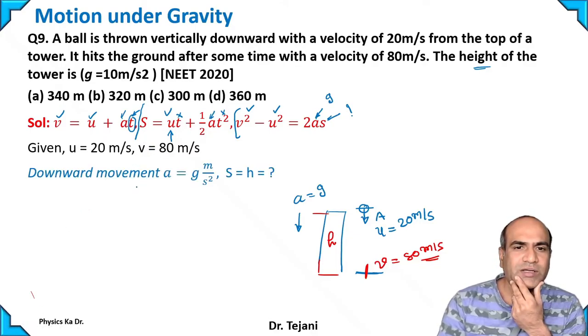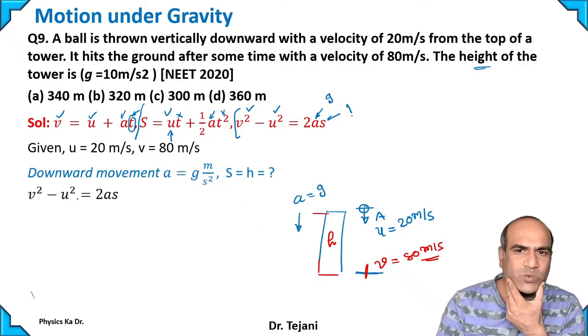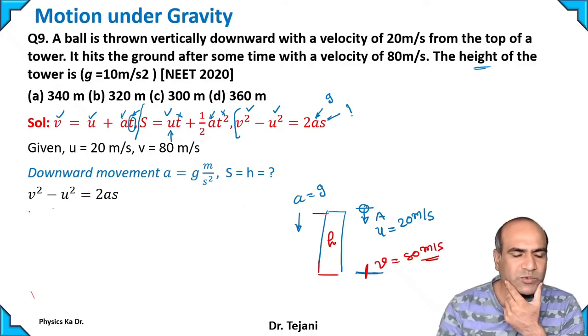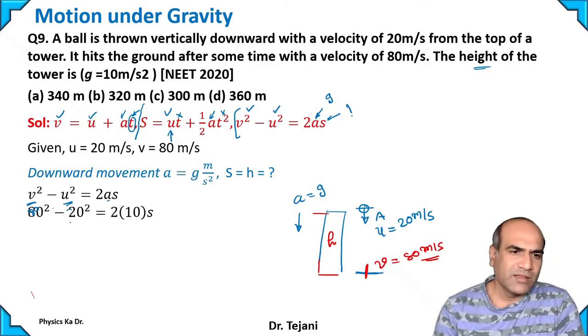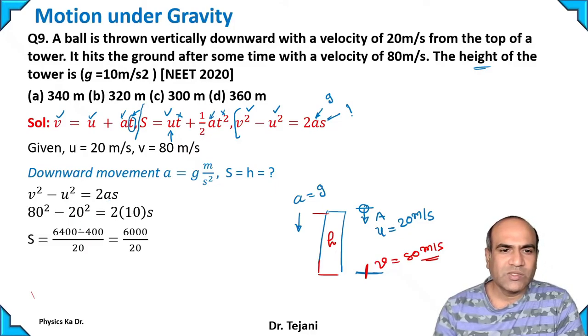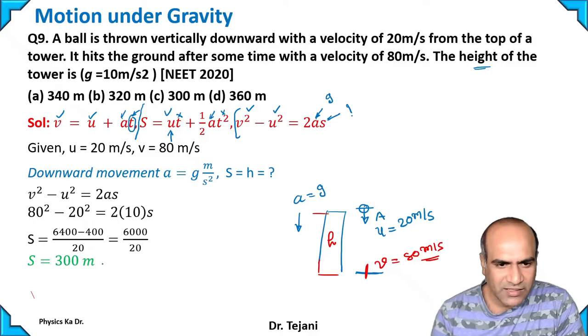So let's put v square minus u square is equal to 2as. Put the value of v final is 80, u is 20, and a is given as 10. Put the values here and you can find the solution, 300 meter, right?